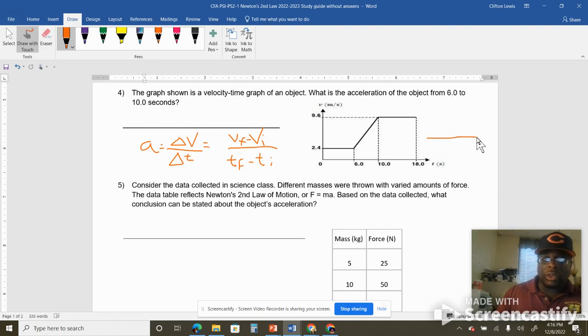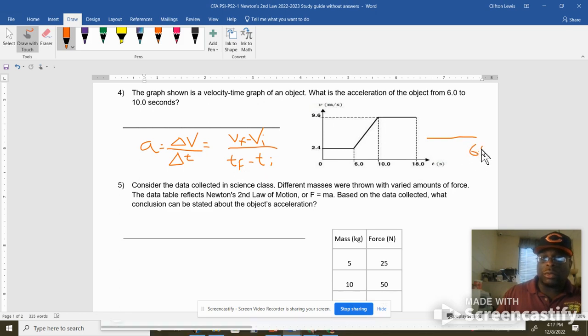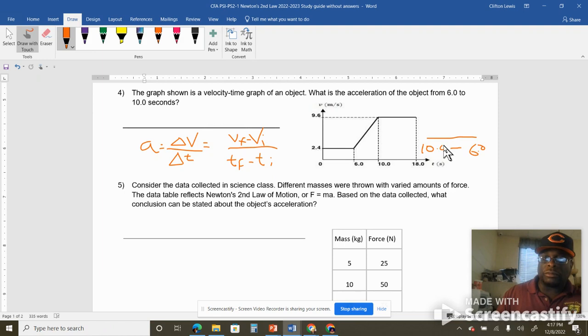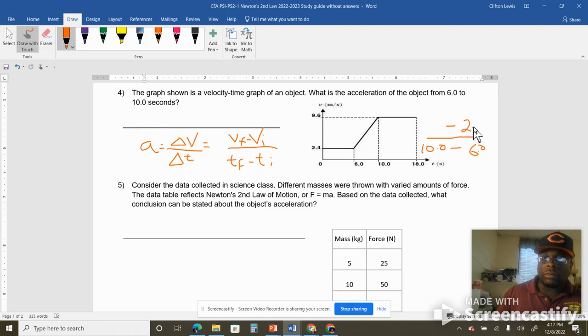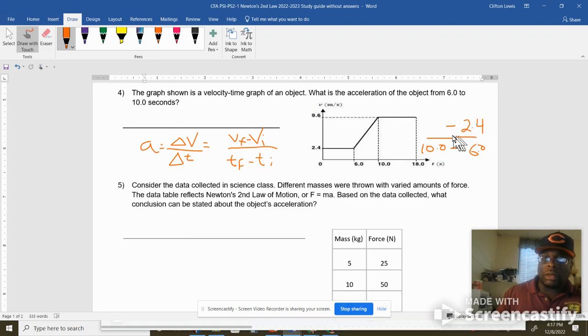So 6.0 is my initial. My 10.0 is my final. And I have to find my corresponding velocities for these time intervals. So my velocity at 6 seconds is 2.4. My velocity at 10 seconds is 9.6.